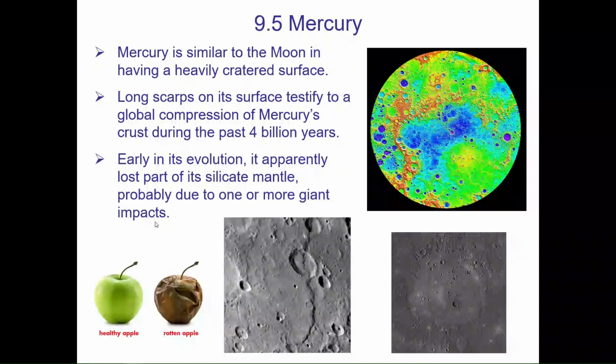Due to the impact, a lot of the mantle or crust became debris and flew into space. So we believe that might be the reason Mercury has a much thinner mantle plus crust together compared to Earth.